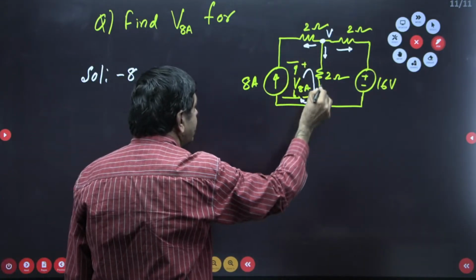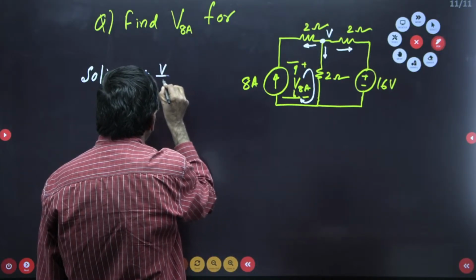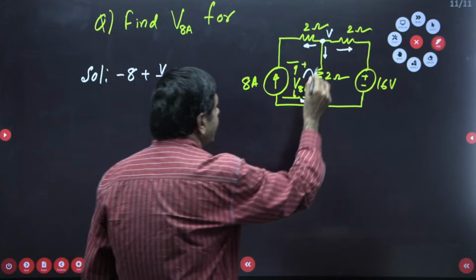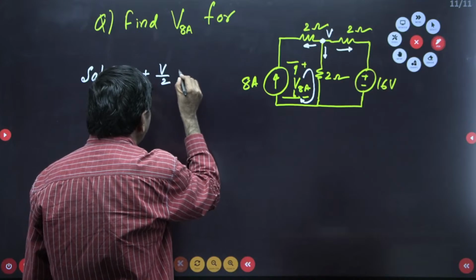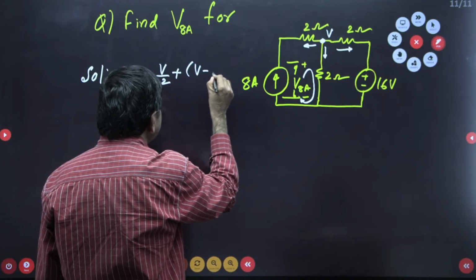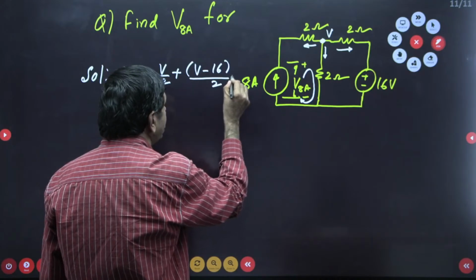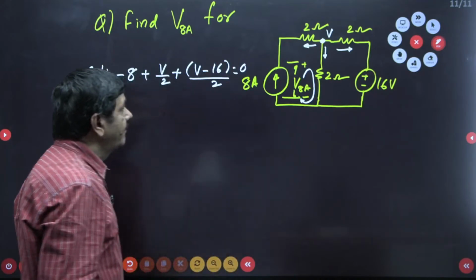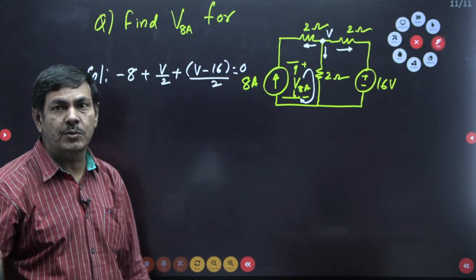The current in this direction is V by 2. The current passing this side is (V minus 16) divided by 2. That equals 0. The summation of all the currents equal to 0, I have taken here.